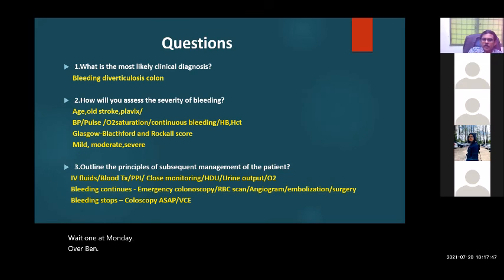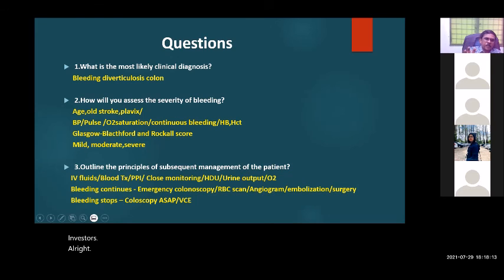Of course, severe bleeding you cannot wait. If it is mild to moderate, which I showed in the algorithm, maybe with some resuscitation, the patient will be better. You can do it the next day when the patient is more stable. I think that will be the ideal thing. Otherwise, you take him to emergency in OT and all, very, very high mortality rate. Okay.